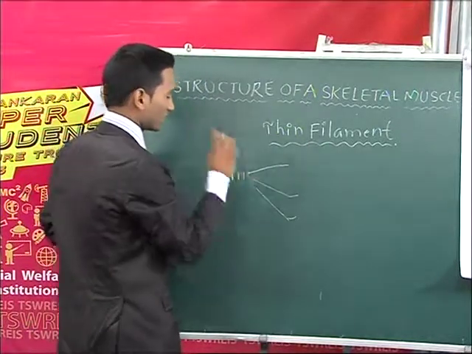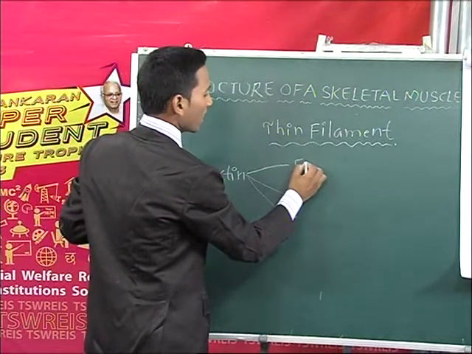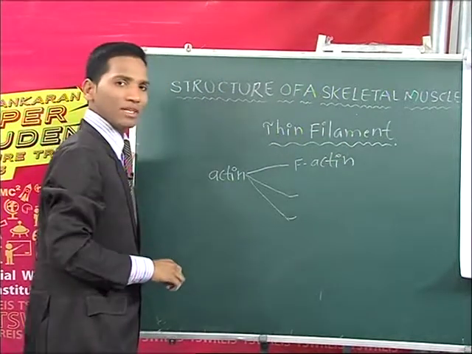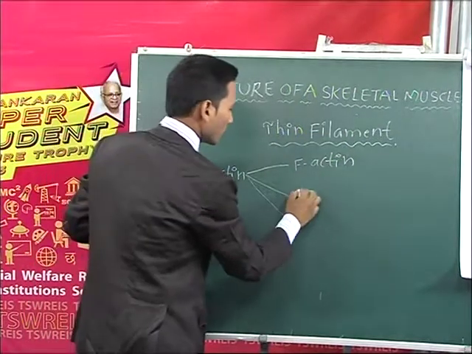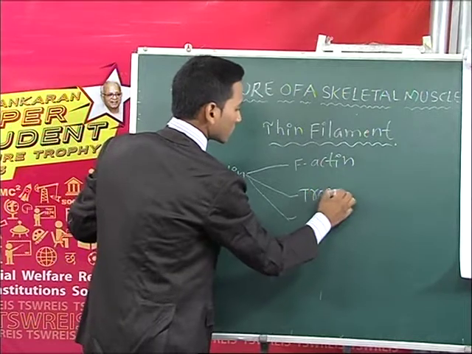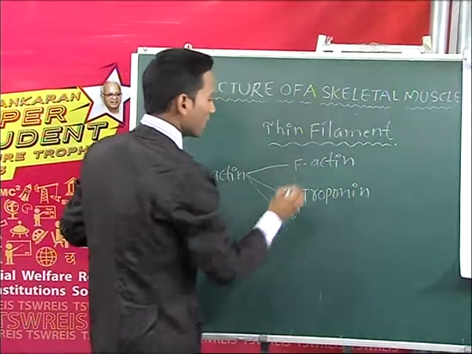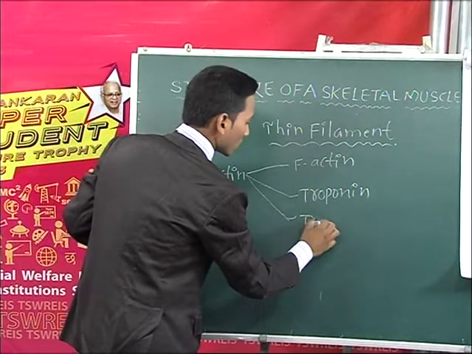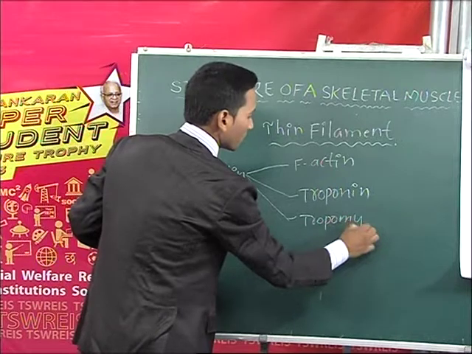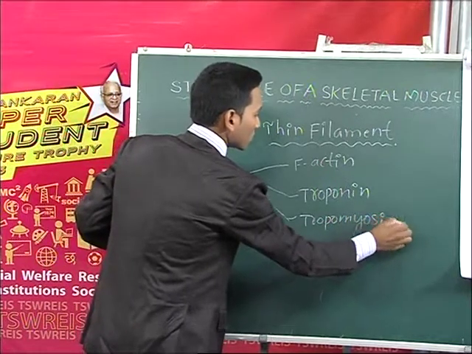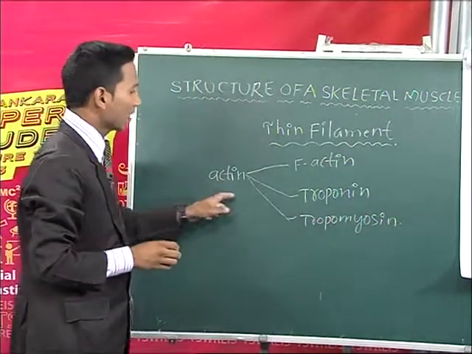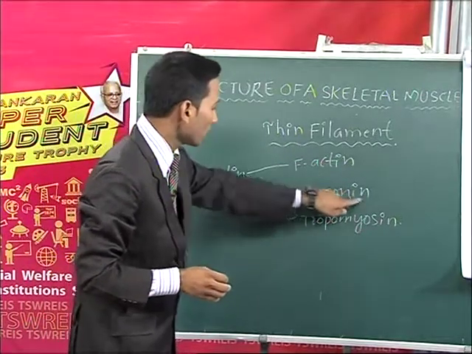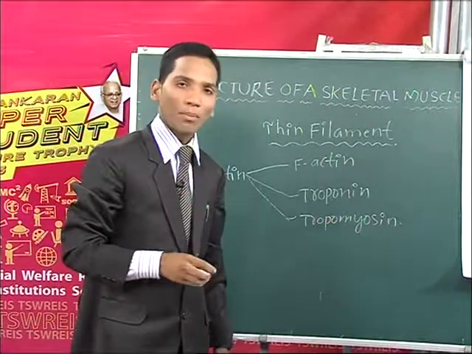One is the F actin, the next one is the troponin, and the next one is the tropomyosin. So this thin filament is divided into three types: F actin, troponin, and tropomyosin.